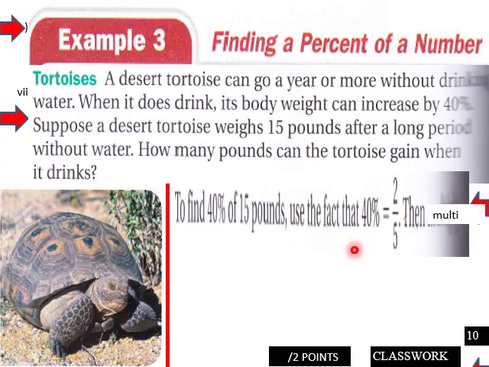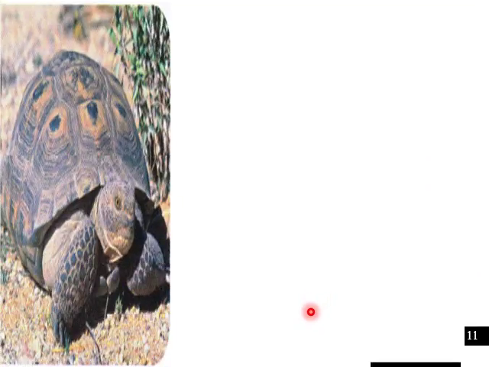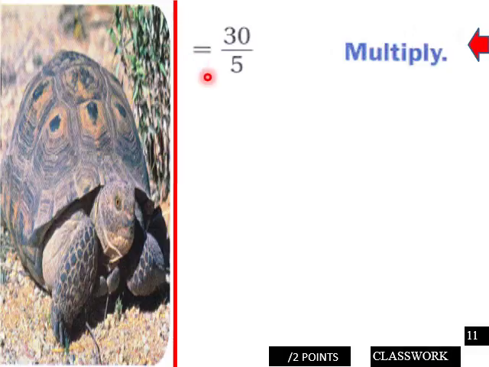Then multiply. 40% of 15 is 2/5 times 15. Write percent as a fraction. So 2/5 of 15 is 30 over 5, is it not? Because you multiply this times 15.